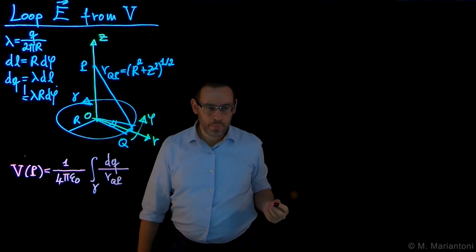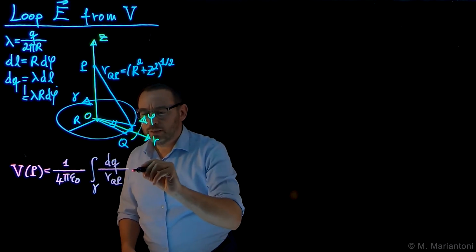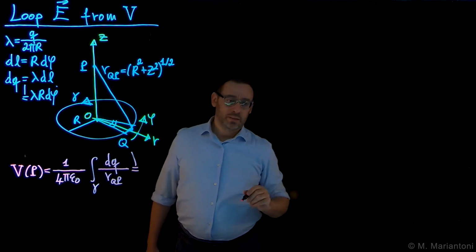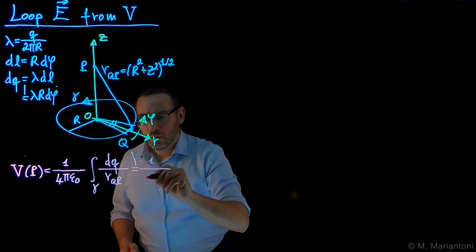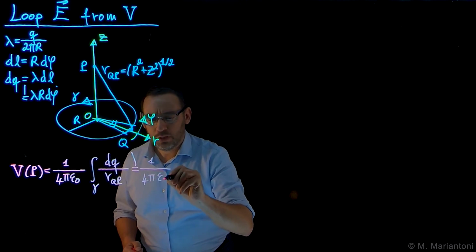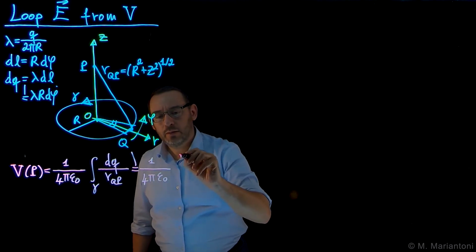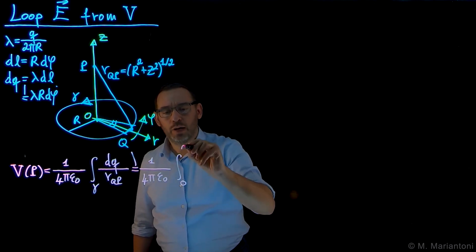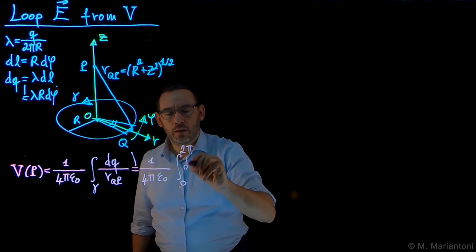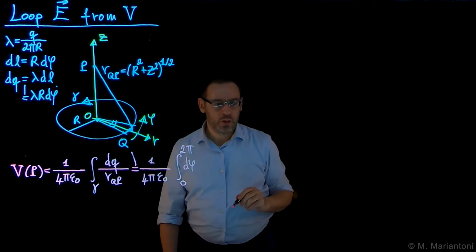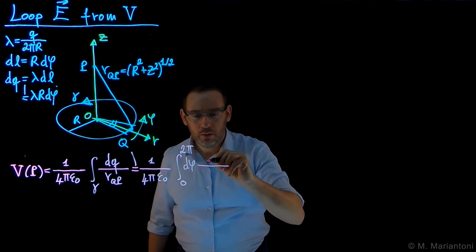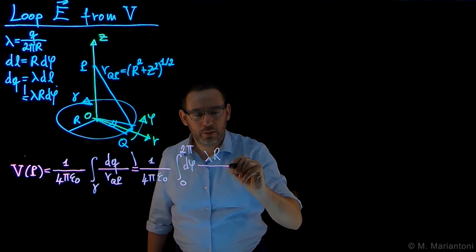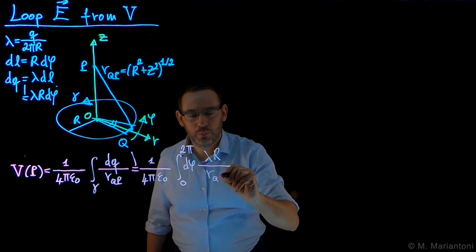This distance here. Great, with respect to this coordinate system, therefore we can write this as 1 over 4 pi epsilon naught, the integral between 0 and 2 pi in d phi of lambda times the radius, capital R, divided by R_QP.